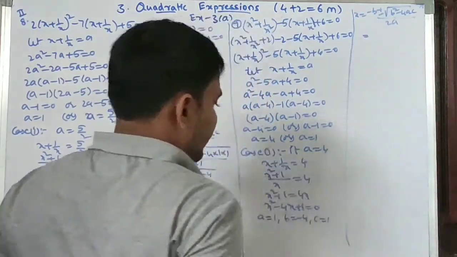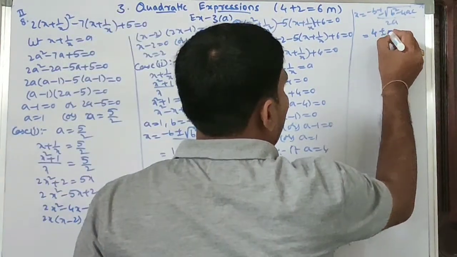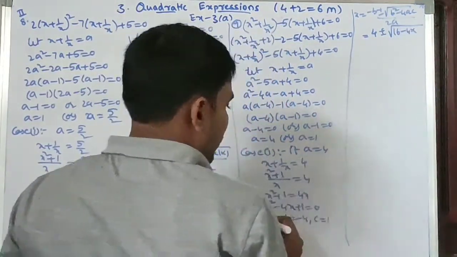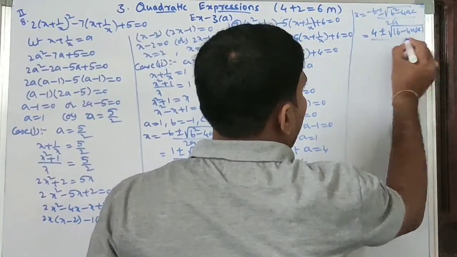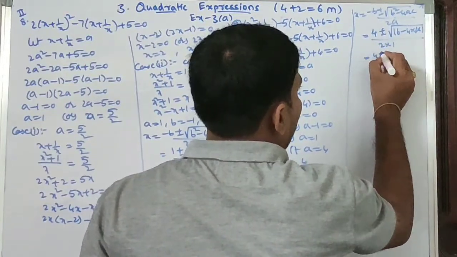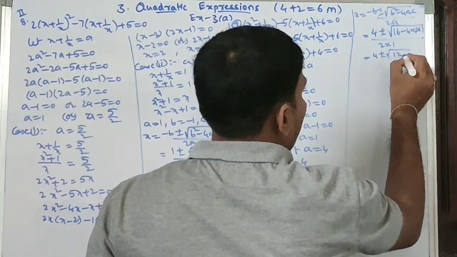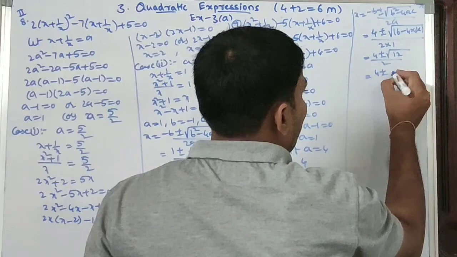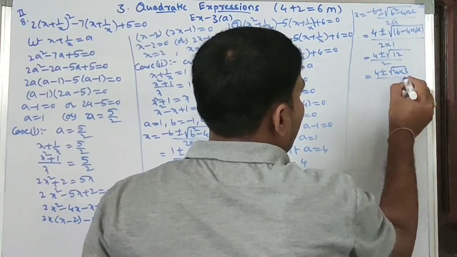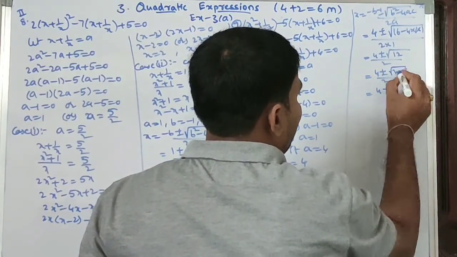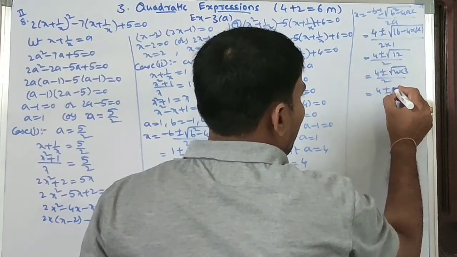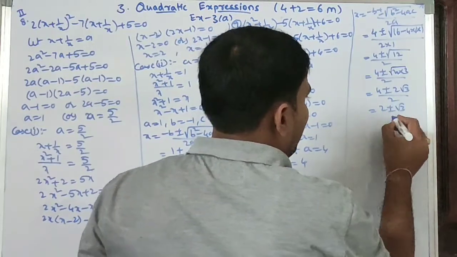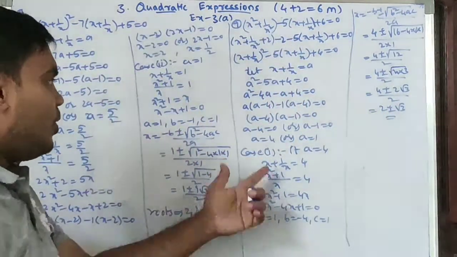So minus b is 4, 4 plus or minus under root of 16 minus 4 into 1 into 1, by 2 into 1. 4 plus or minus root 12 by 2, and root 12 equal to root of 4 into 3. Bringing 4 outside, 2 root 3 by 2, dividing with 2, 2 plus or minus root 3. So this is about case 1.